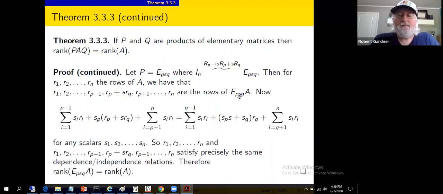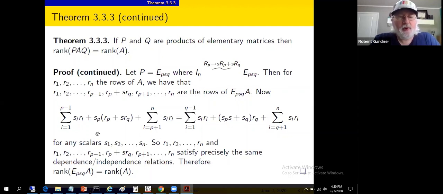Okay, well, let's take a linear combination of these and relate it to a linear combination of the original rows. I take a linear combination with scalars s1 through s sub n of these vectors. Okay, s1 times r1, s2 times r2, s sub p minus 1, r sub p minus 1. And then something interesting happens, and then the remainder of it is mundane.